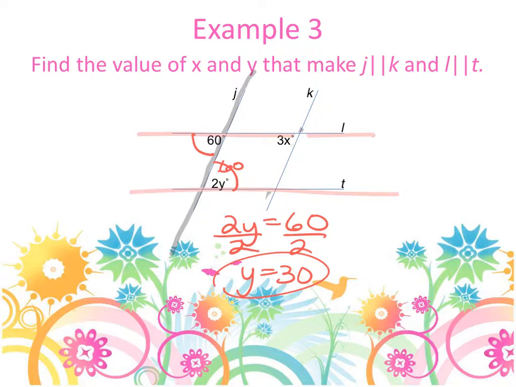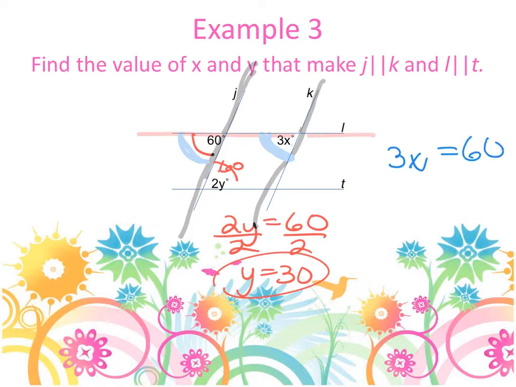Now, to bring in the information with 3x, let me take away this red line. And now I can see that 60 along with the 3x are going to be corresponding. And again, corresponding angles are congruent. So 3x is equal to 60, divide by 3, and x equals 20.